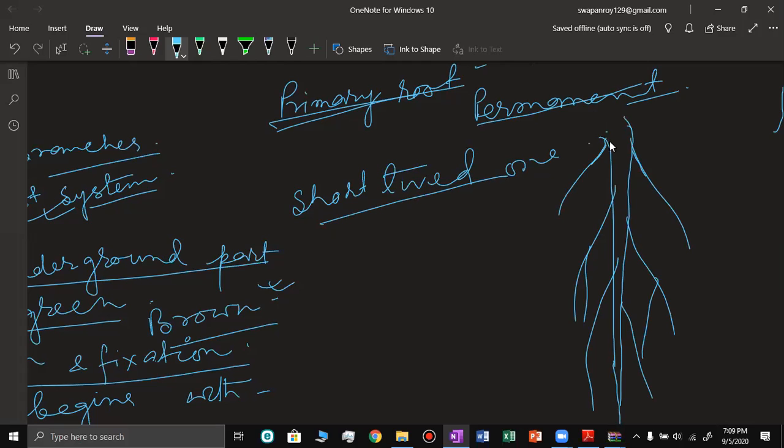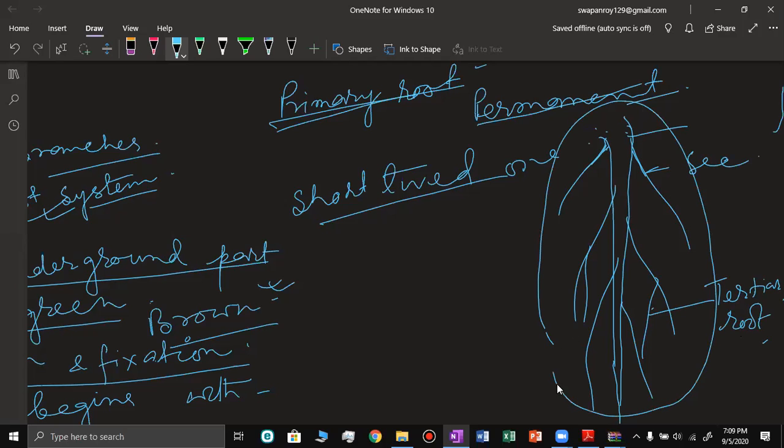The main one is the primary, and from here comes out the secondary root. Then from the secondary, the tertiary roots come out. They repeatedly branch, and this permanent primary root along with its branches forms the taproot system.